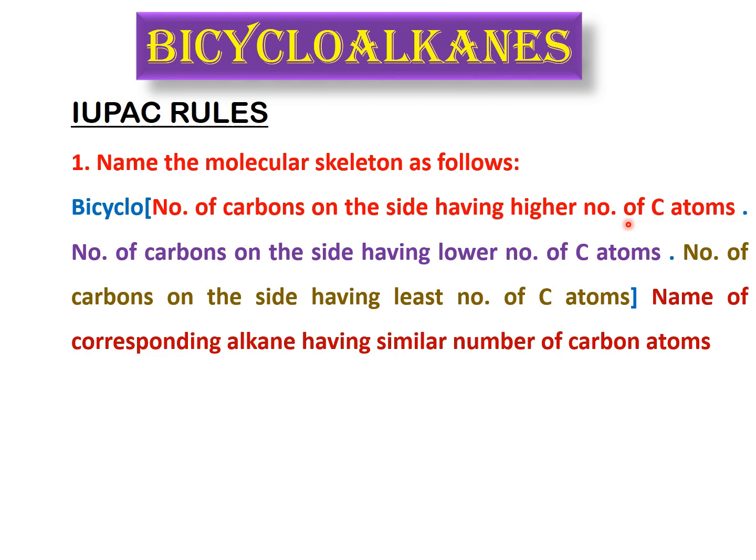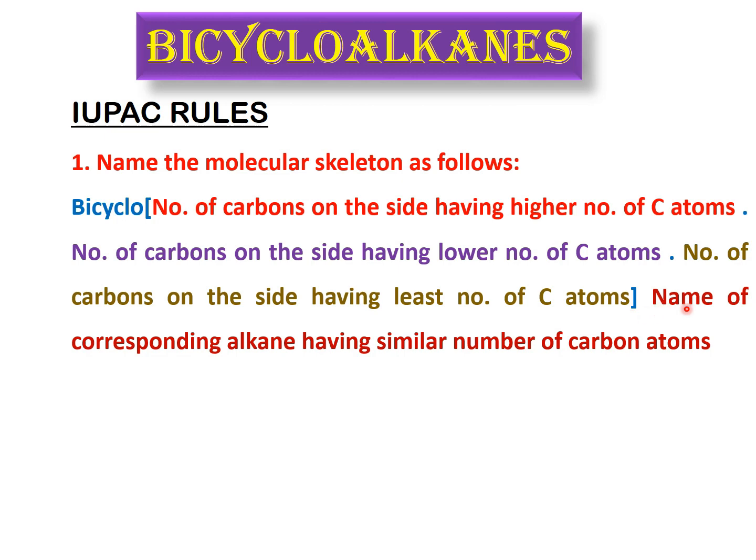So you can have two rings with different number of carbon atoms. First you have to mention the number of carbon atoms on the side having higher number of carbon atoms, followed by a dot, and then you write the number of carbons on the side having lower number of carbon atoms, again followed by a dot, and finally you write the number of carbons on the side having least number of carbon atoms, and then you close the square brackets.